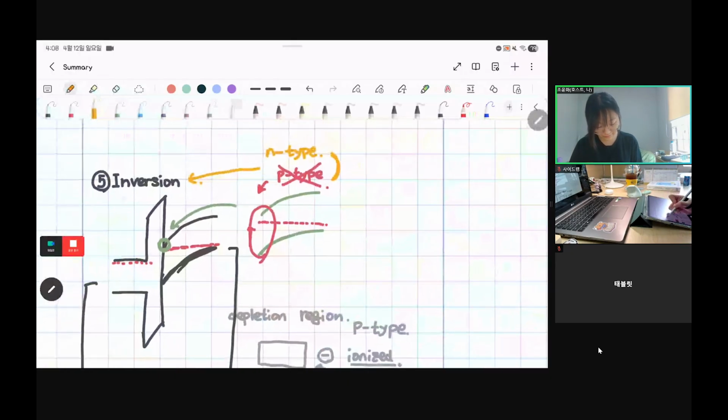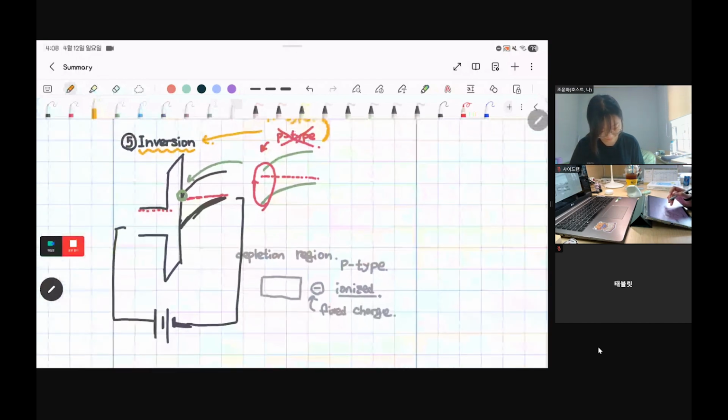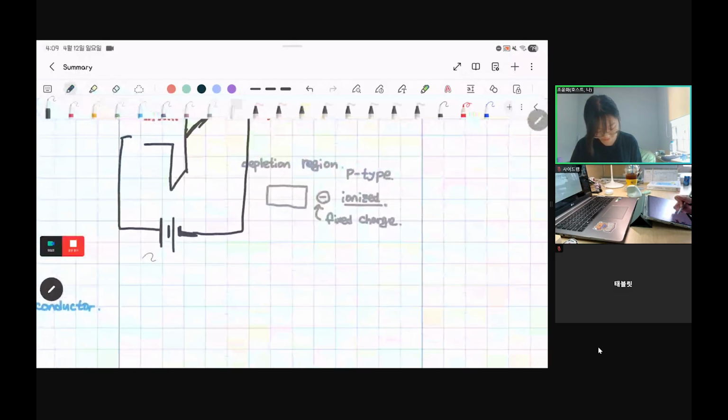If we make an inversion state, in this surface, minus charge, electron charge is accumulated like this surface. So we can draw the charge density like this.